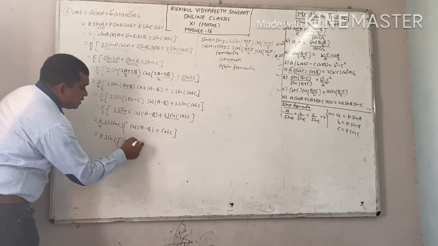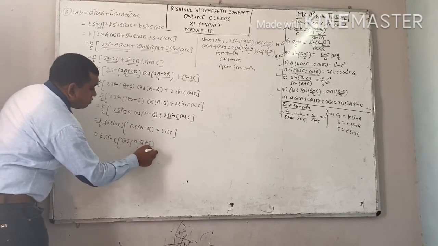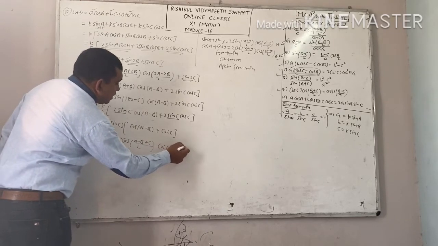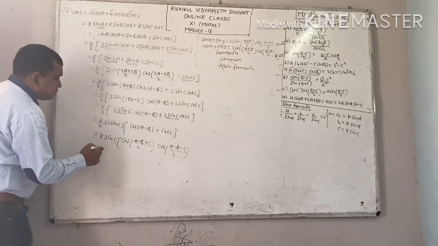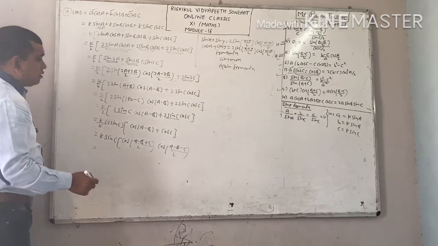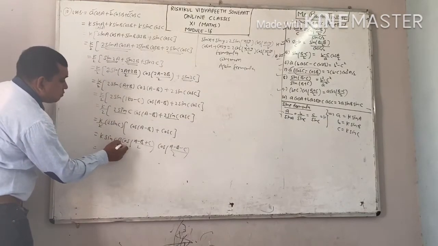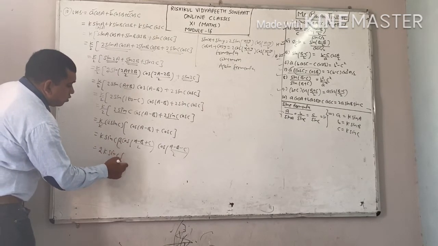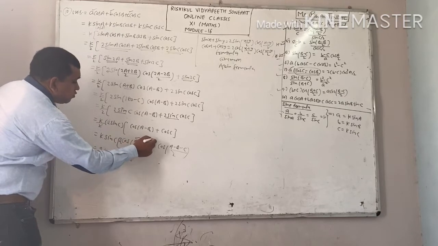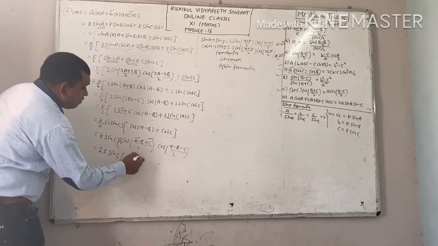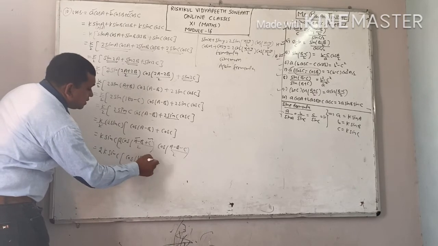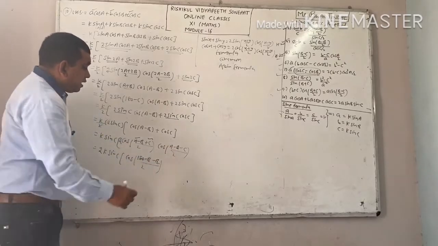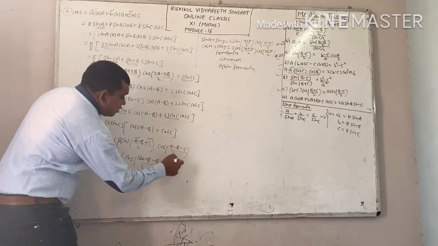This is your cos of (A minus B plus C) by 2 into cos of (A minus B minus C) by 2. This is your 2 will also come. This is your 2k sin C cos. Now again we are getting sum of two angles. A plus C, write it as 180 minus B. Take negative sign as common from here. What you will get?